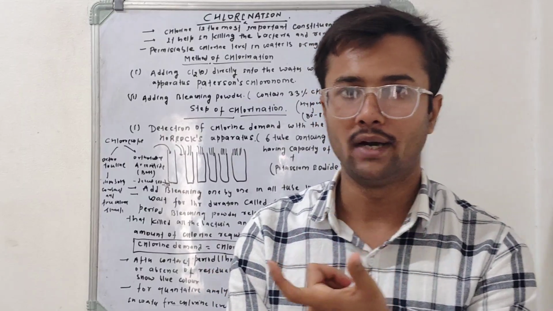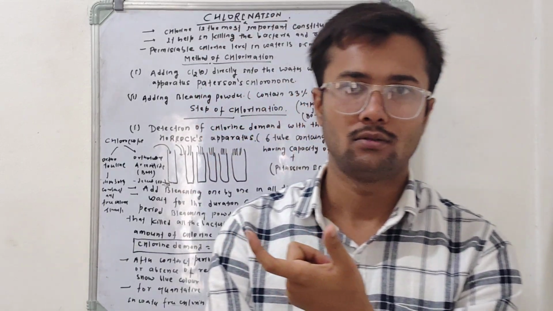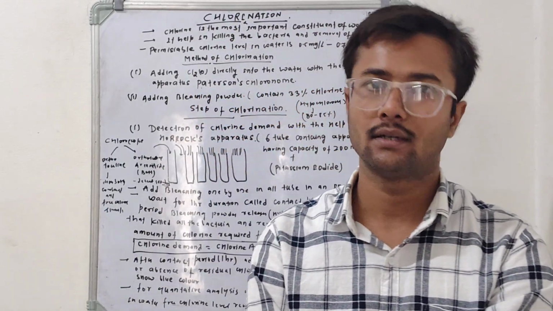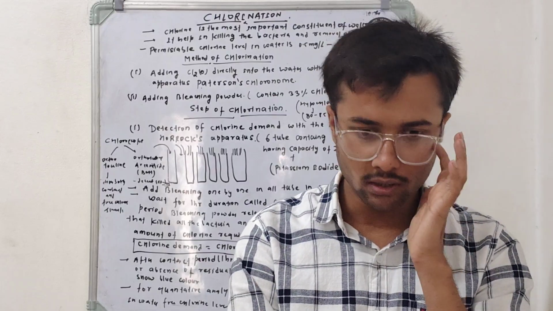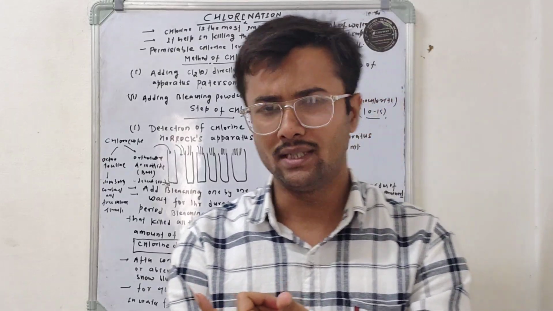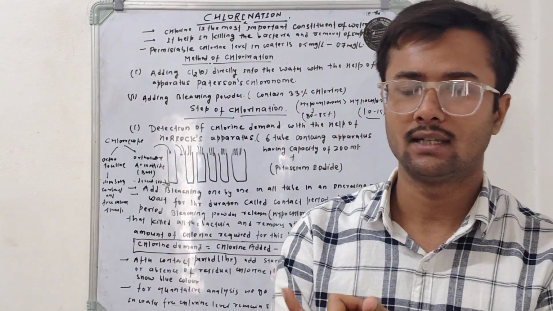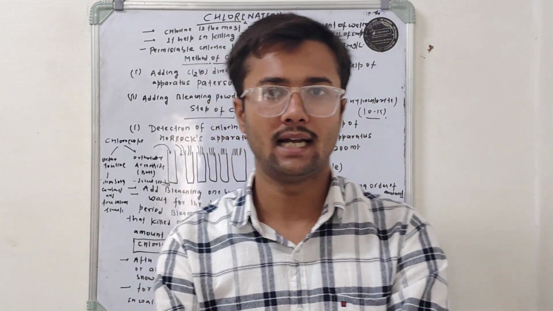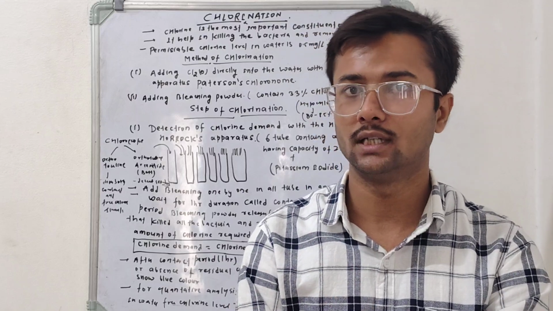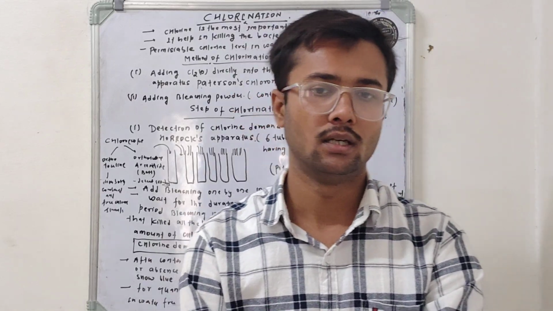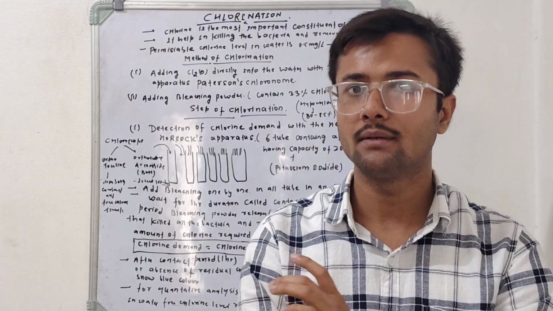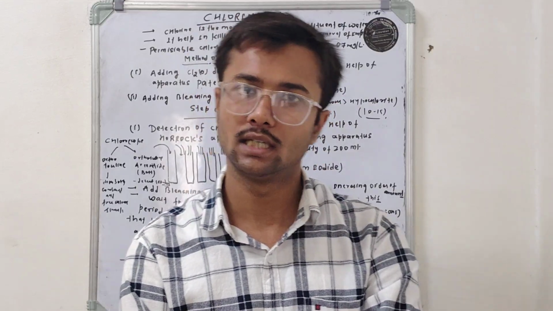What are the uses of chlorine? Chlorine acts as a disinfectant. It kills the bacteria and most of the viruses present in water and removes most of the impurities present in water.